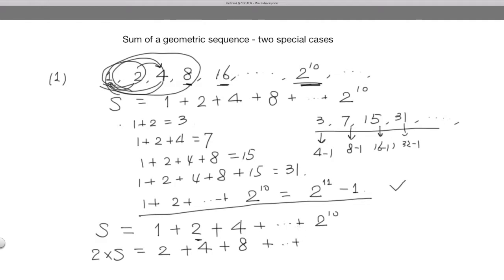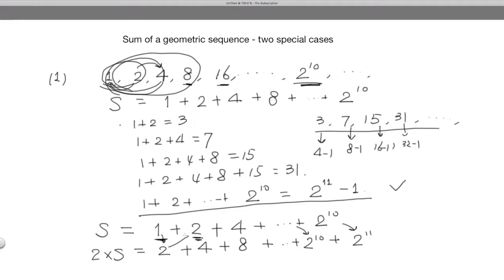This goes up to 2 to the 10, which is the second last term, and plus the last term is 2 to the 11, because every term I multiply by 2. So why am I doing that? The reason is once the term is multiplied by 2, the current term becomes really the next term.